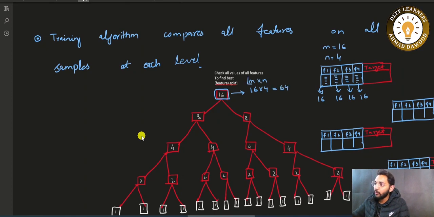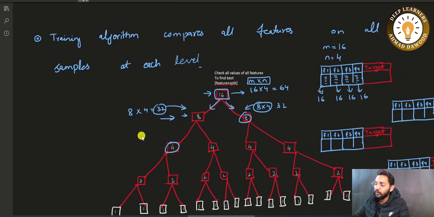So m cross n split values you have checked at that point. At the second level, when your data is split into two parts, now you have 8 samples. So 8 samples into how many features? Total 4 features. So 32 split values we have checked here to find the best split value, and again 8 into 4, 32 split values at that right node to find the best split.